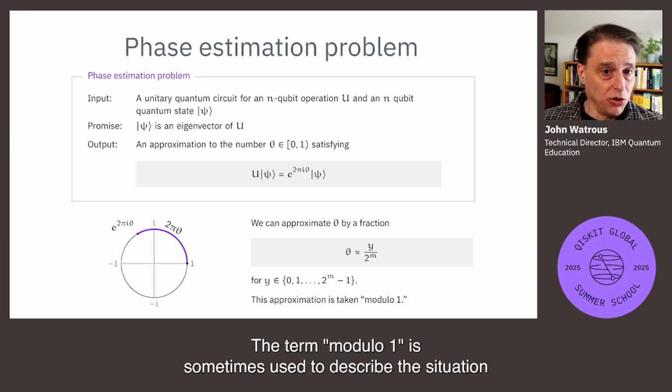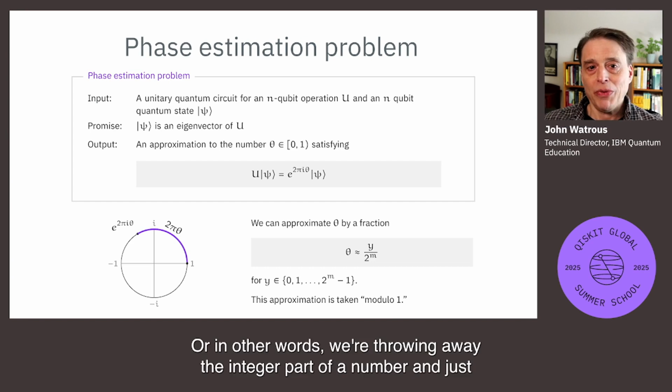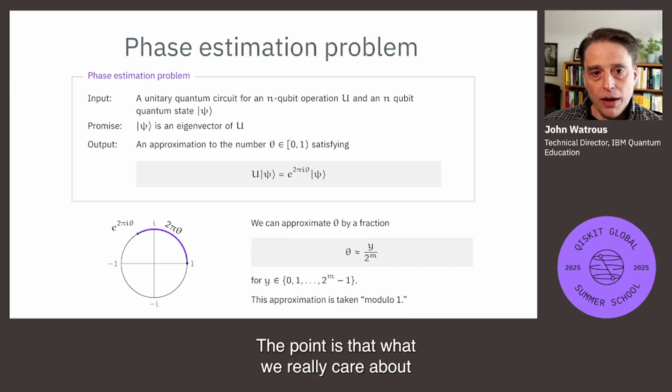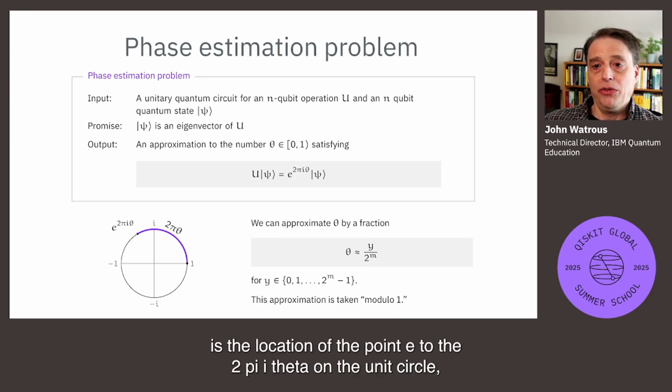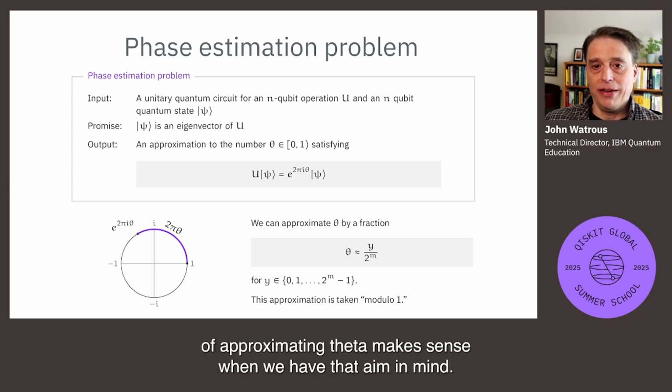The term modulo 1 is sometimes used to describe this situation where we're essentially equating theta equals 1 with theta equals 0, or in other words, we're throwing away the integer part of a number and just keeping the fractional part. The point is that what we really care about is the location of the point e to the 2 pi i theta on the unit circle, and thinking about this way of approximating theta makes sense when we have that aim in mind.